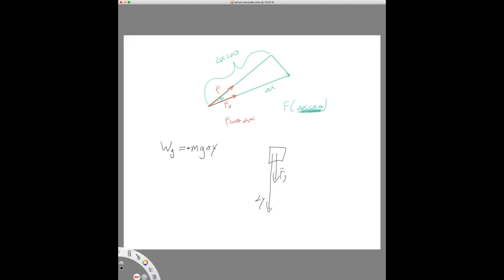So we kind of fix the formula by putting a little minus sign in there. That way, if delta y is a negative number, that negative cancels off the minus sign in front, and we get a positive amount of work. So we're going to practice doing other problems where we just use the formula for the work done by gravity. And this is the formula we will use no matter what the picture looks like.